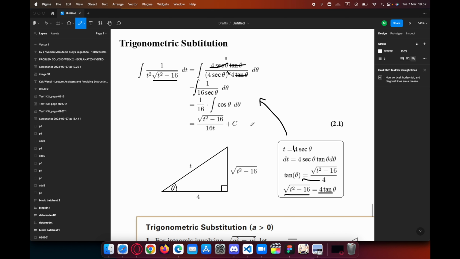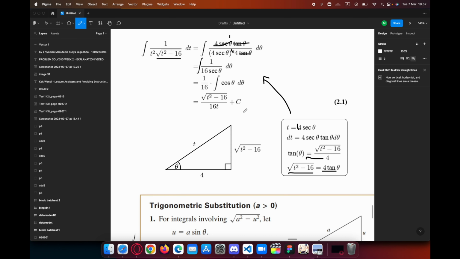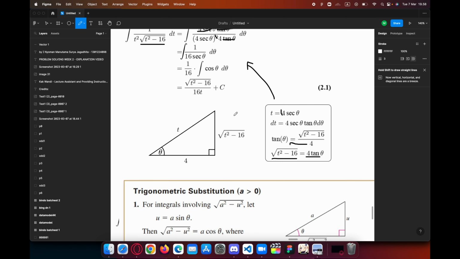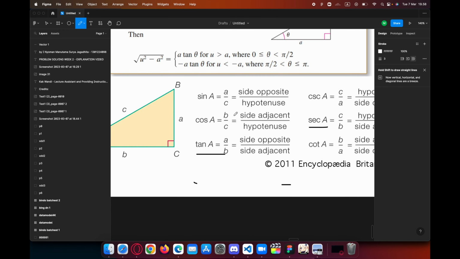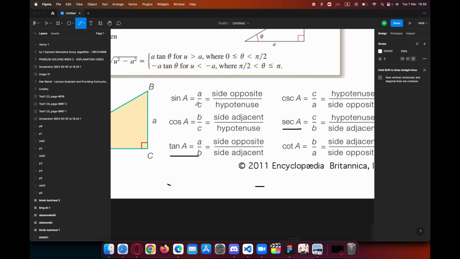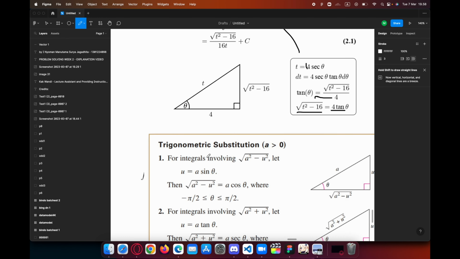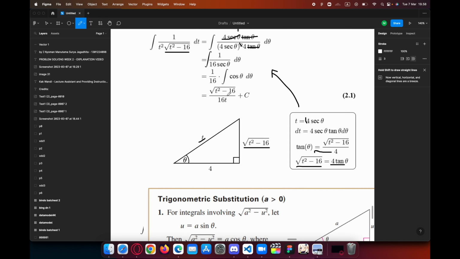The integral of cos theta is sin theta, so it becomes 1 over 16 times sin theta, and sin theta is a over c, so this over this. We can substitute this one.